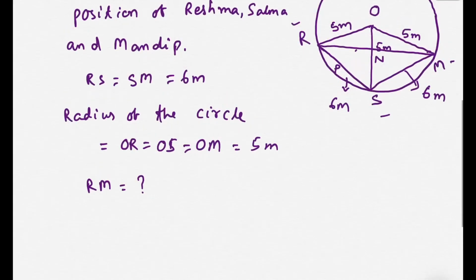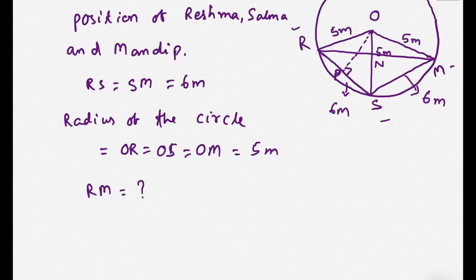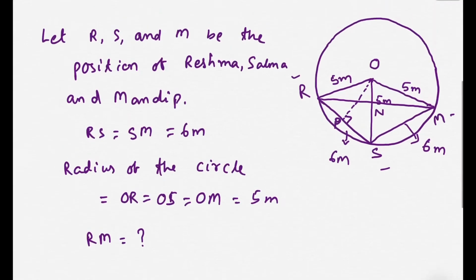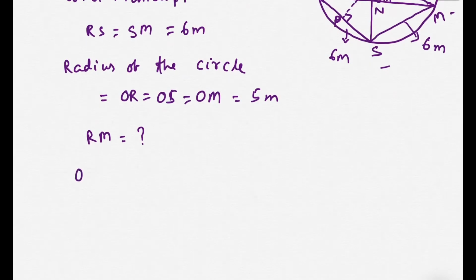Let us draw a perpendicular from O to RS and let it be P. Now, we know that a perpendicular drawn from the center of a circle to a chord bisects the chord. So, OP bisects RS, right? Now, OP is perpendicular to PS. This is by construction.